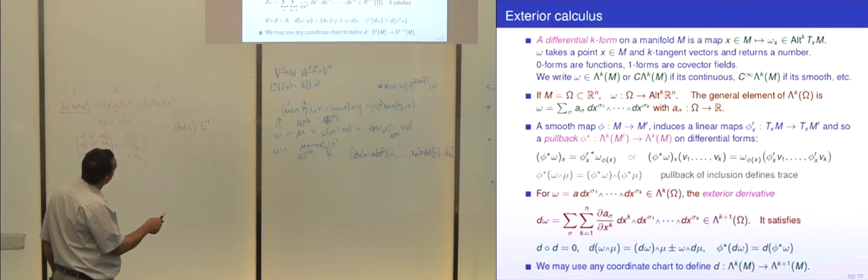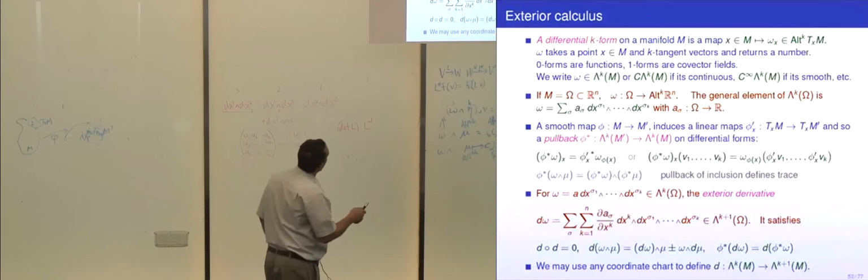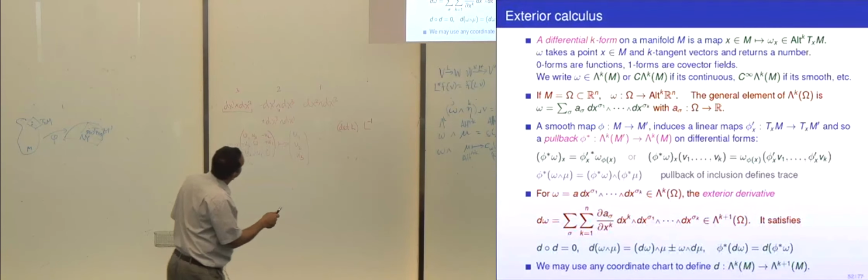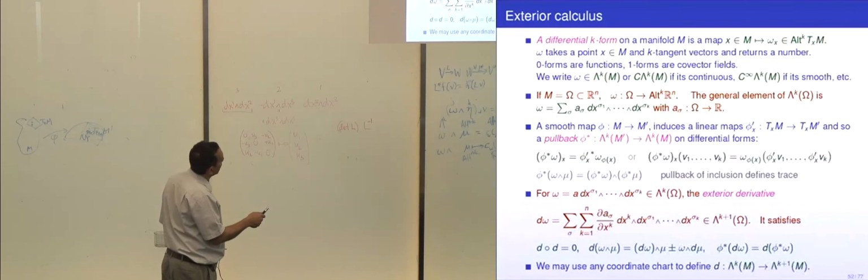So phi star of omega at the point x and the tangent vectors v1 through vk, well, you take omega at the point phi of x, and then you push the tangent vectors into the M prime space with phi prime. So those are the formulas. So that's a pullback operation on differential k-forms. It's easy to see it respects the wedge product. The pullback of the wedge product is the wedge product of the pullbacks.